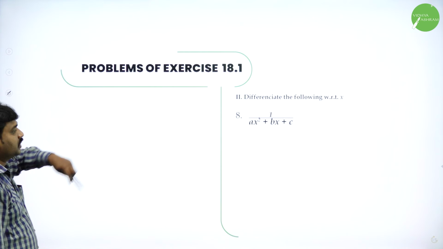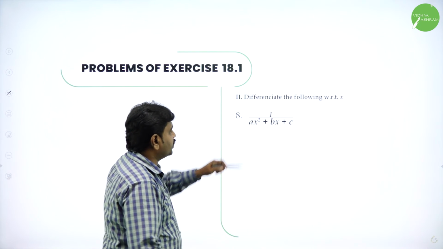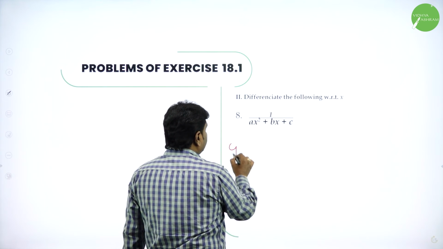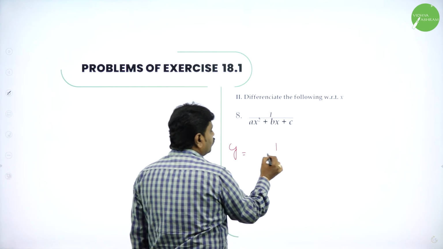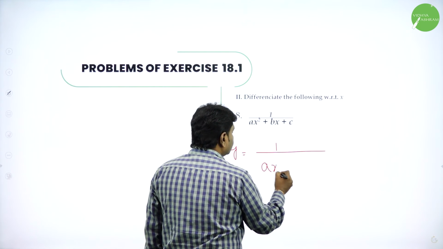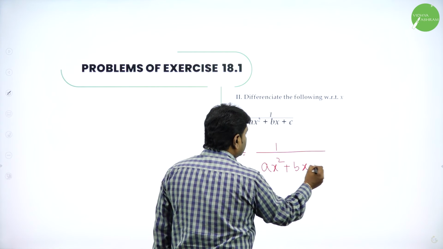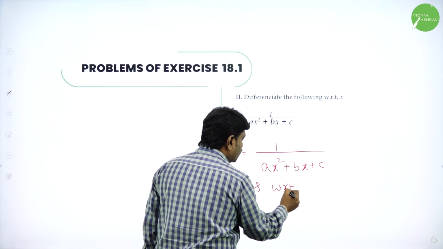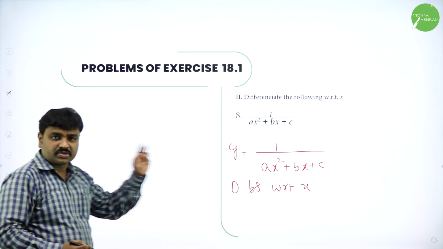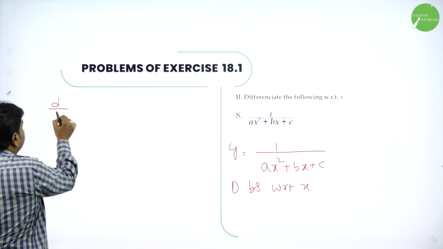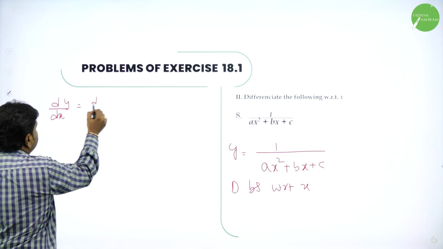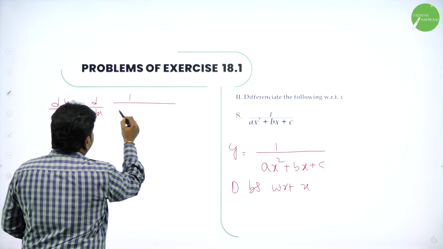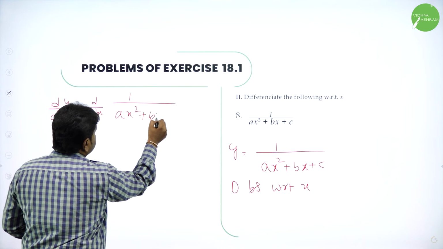Another method, quotient rule. Simply use quotient rule because we have a denominator which we cannot take up, so use what rule? Quotient rule. So it is in the form numerator by denominator. So differentiate both the sides with respect to x. LHS is d by dx of y, RHS is d by dx of 1 divided by ax square plus bx plus c.